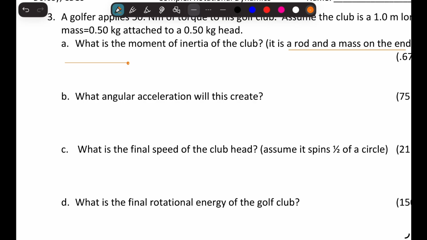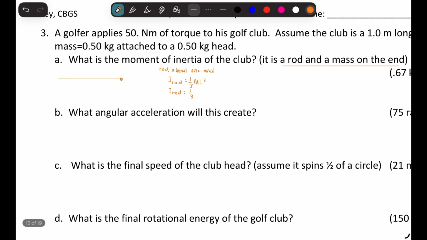inertia of this. So we know that for a rod about one end, the formula is I rod is equal to 1/3 of the mass times the length squared. So I rod is going to be equal to 1/3.